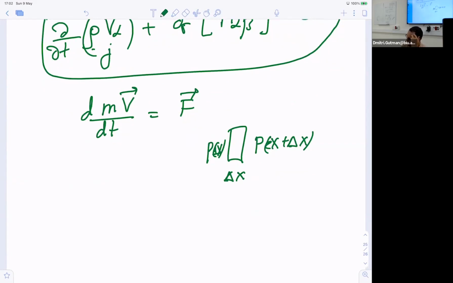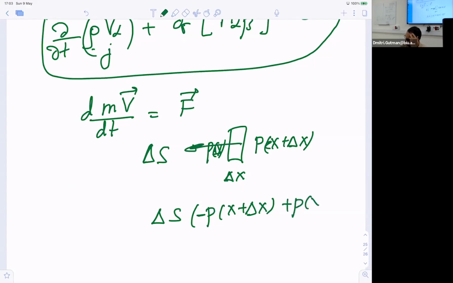So let's write the balance of forces for the cross-section delta S. With delta S times P at x plus delta x acting on the left, plus P at x acting on the right. That's the force.